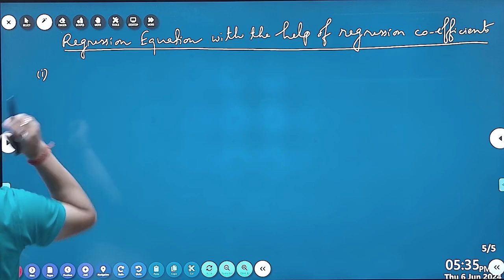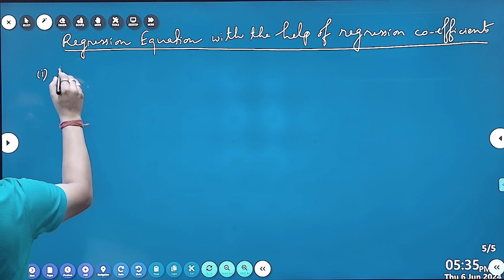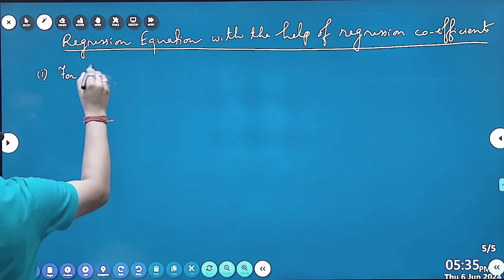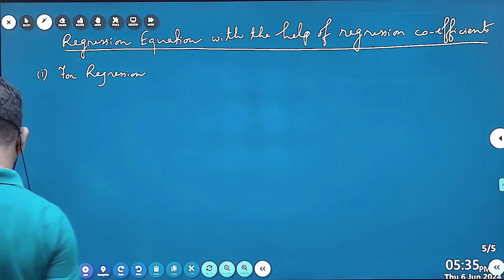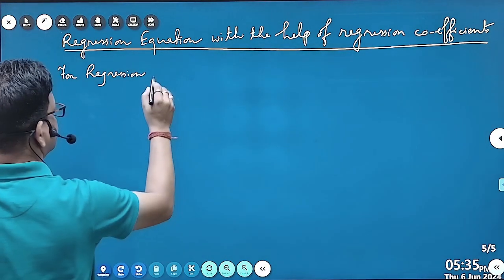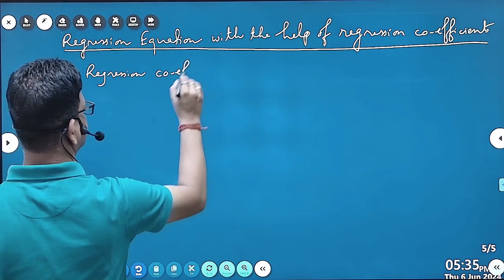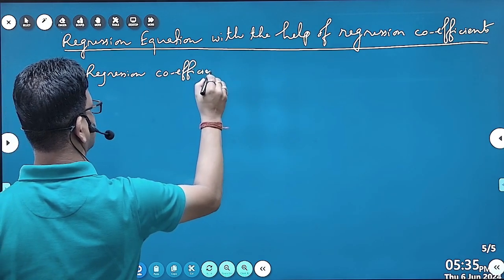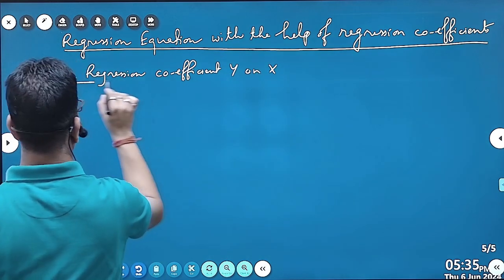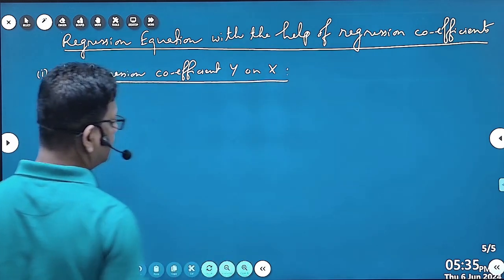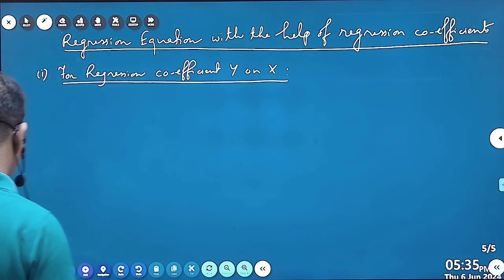So for regression coefficient y on x, one equation we will get. Then for regression coefficient x on y, I'll say what that is.